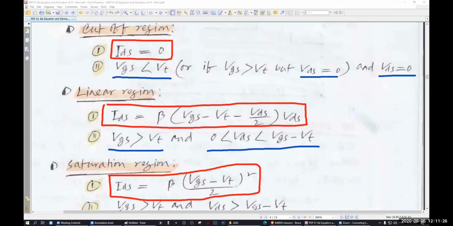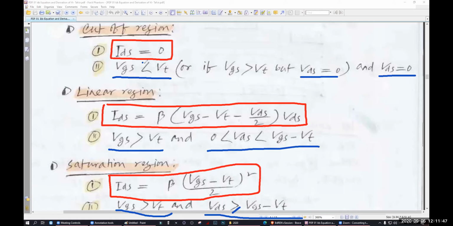And when your VGS is more than VT, and your VDS is more than or equal to VGS minus VT, that time it is saturation. Understood my point? When your VGS is less than VT, it is cutoff. When your VDS is equal to 0, it is cutoff.